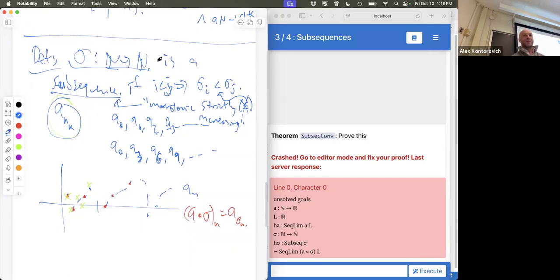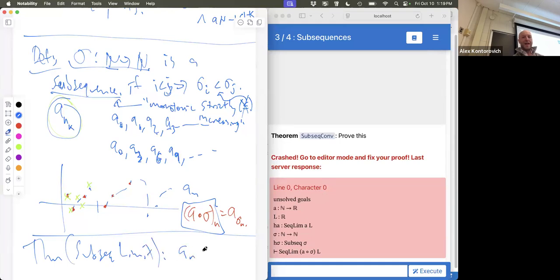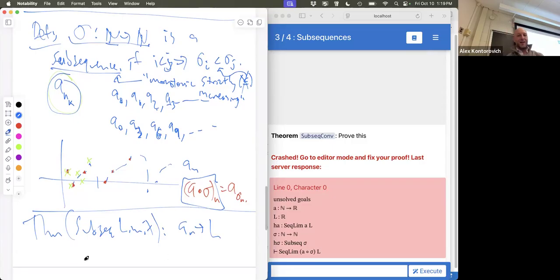At least what I'm calling a subsequence is this sigma function. And of course, what I really want to think about is the composition of sigma with a. And the claim is, here's the subsequence limit theorem, if you like: if a n goes to L and sigma is a subsequence, then my goal is to show that a of sigma n also goes to L, the same limit.